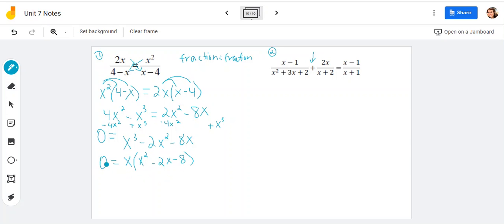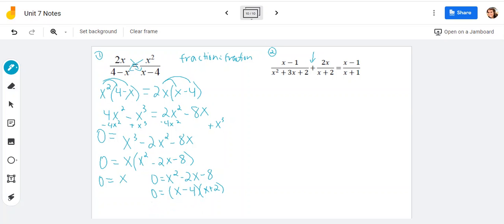Now, because I have two factors that equal 0, I can split these into two separate equations. And at this point, I can then factor the right one again, which will help me solve for x. So thinking about those magic numbers, I figure out that x minus 4 and x plus 2 are going to multiply to negative 8 and add to negative 4.